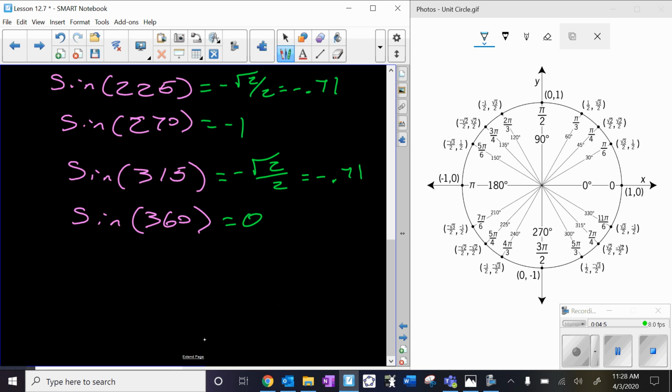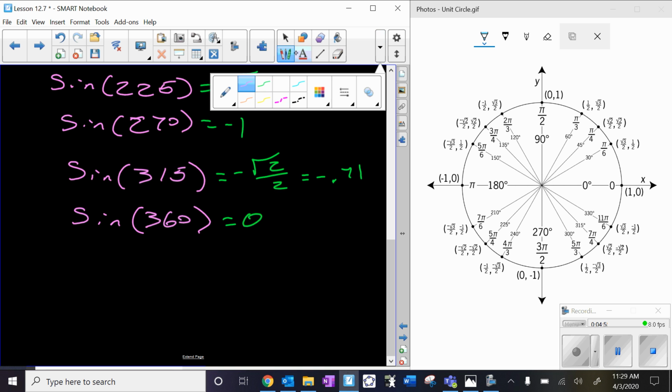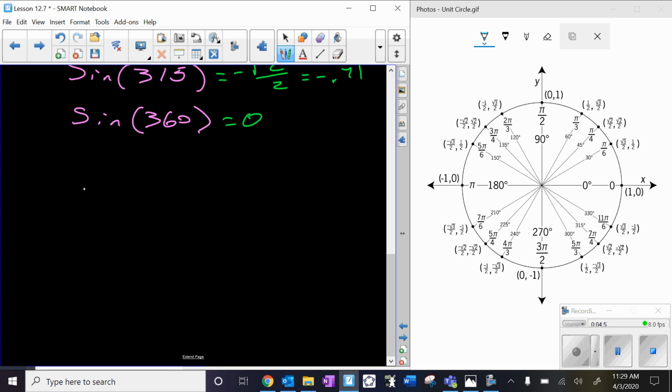If we were going to make our actual trig function out of this, this would be my coordinate plane. The highest we ever got to was a height of 1, and the lowest we ever got to was -1. We also hit 0.71 quite a bit, and -0.71.